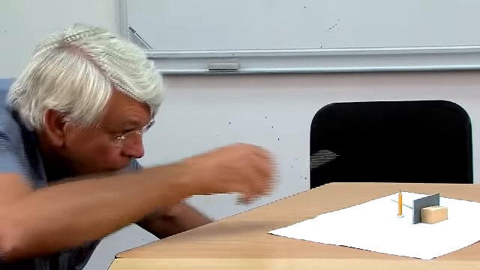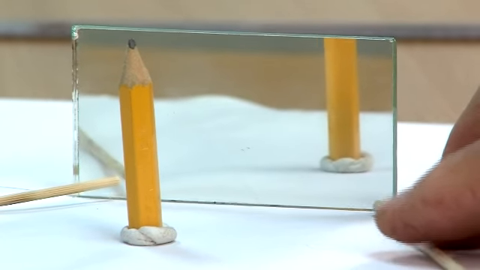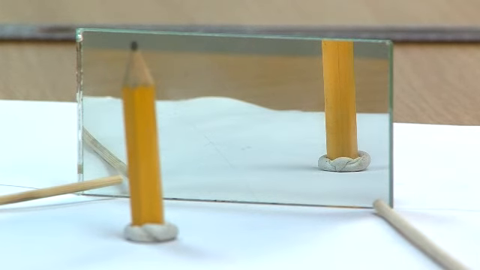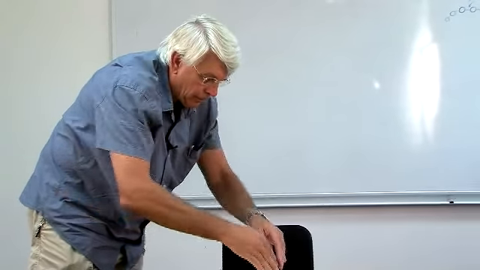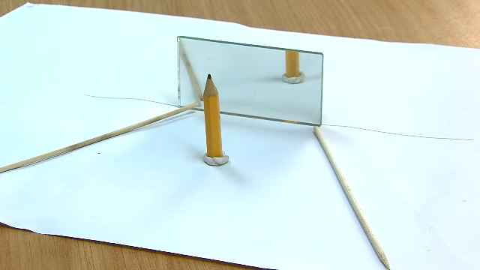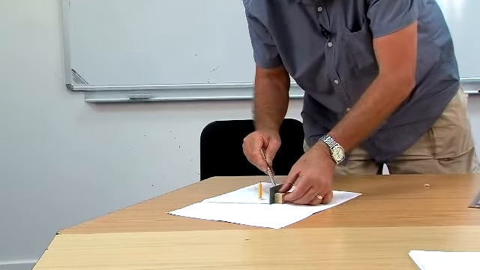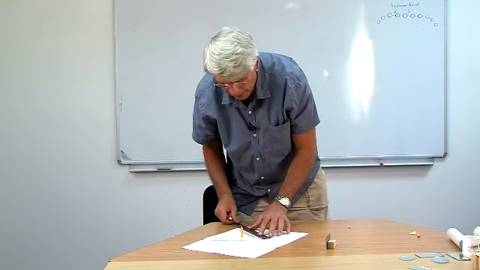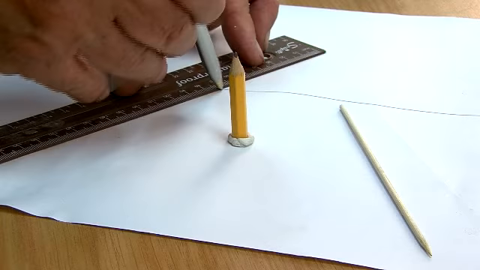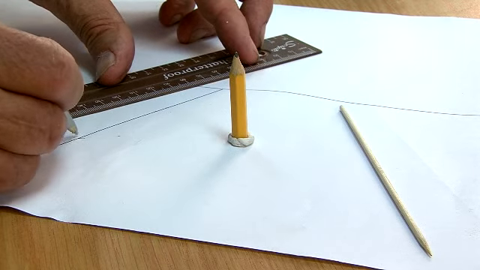I move to the other side, and the same thing applies. I put a stick along a straight line looking at that image. So now I've got where the rays have come from the mirror off that image. I then draw a line where the mirror is, remove it, and trace a line along the kebab sticks, because that is where the rays of light are coming from into your eye.